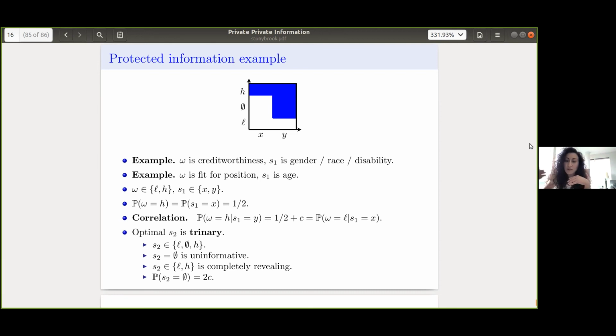It turns out that as long as S1 is not completely revealing, there will be some informative S2 that does contain information. But if its precision is very low, then it might not be good for decision making. So perhaps in terms of what data is optimal to use while preserving some form of privacy, while still being useful, that might be an application. Yep, I see. Thank you.